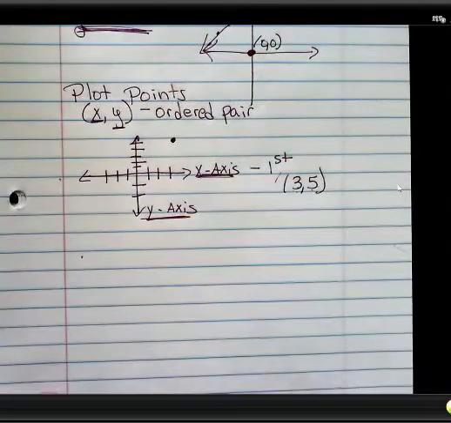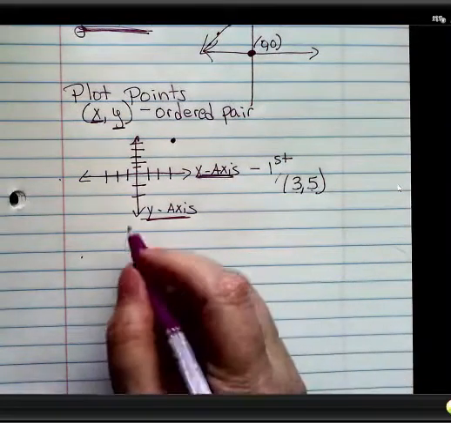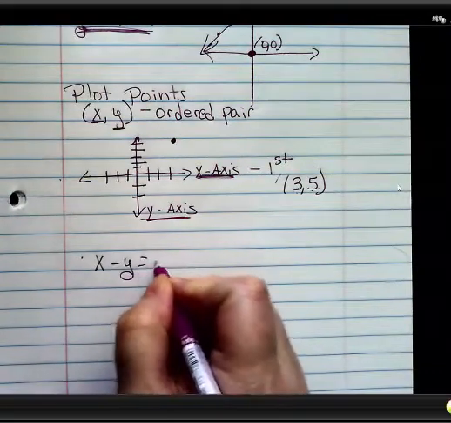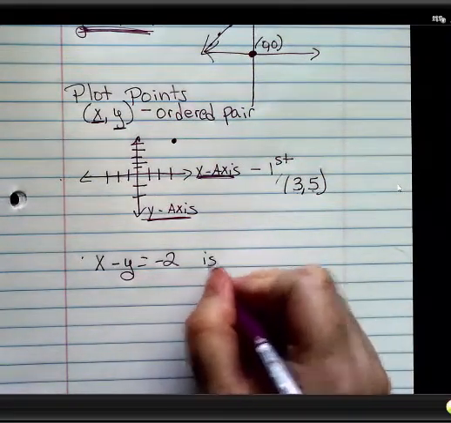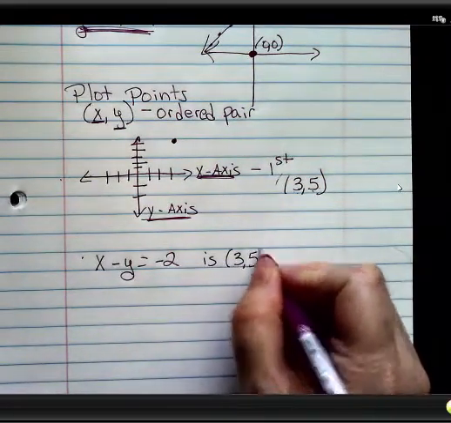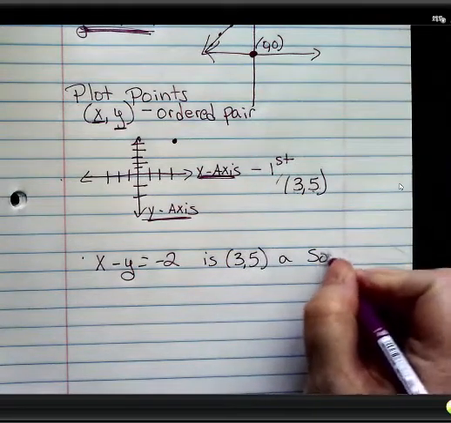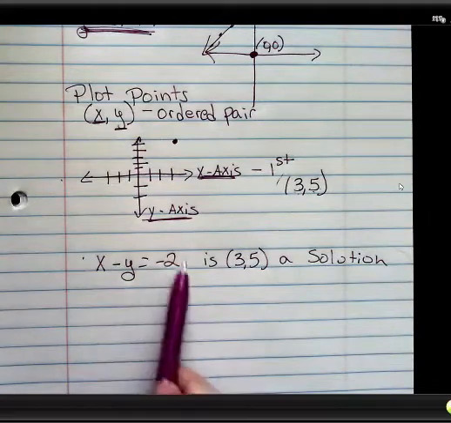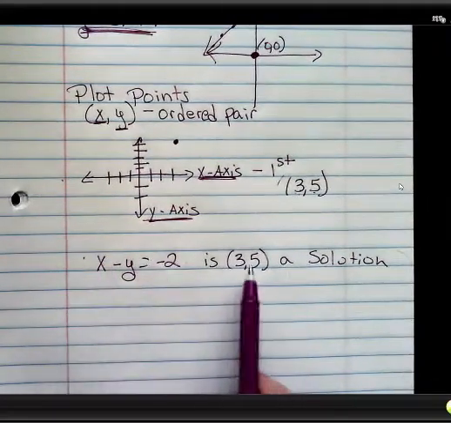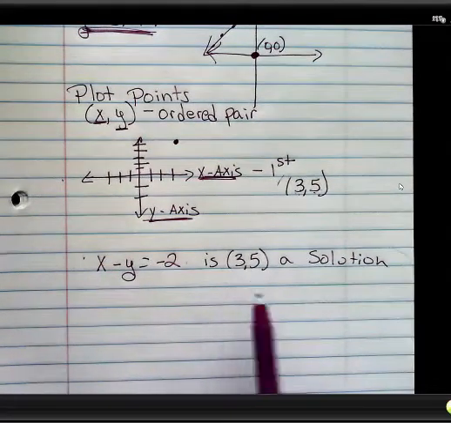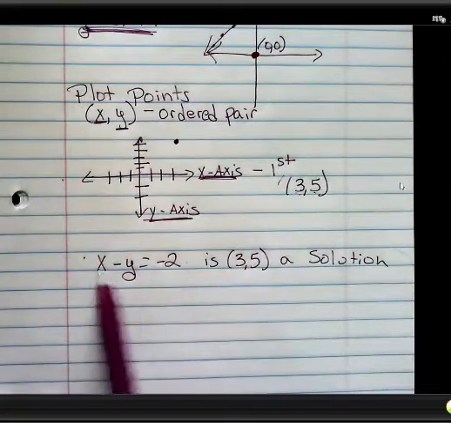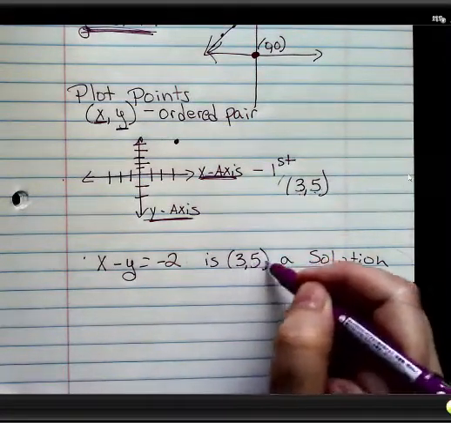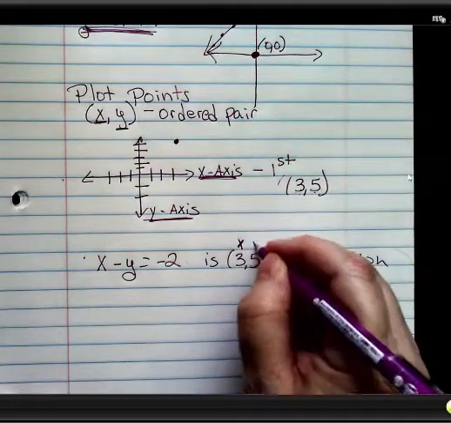Now, when I talk about a solution, let's take a look at this linear equation. Is 3, 5 a solution? What that means is, if I graphed this line, would it go through this point? Now, you don't know how to graph a line yet, so let's actually take our numbers and plug them in.